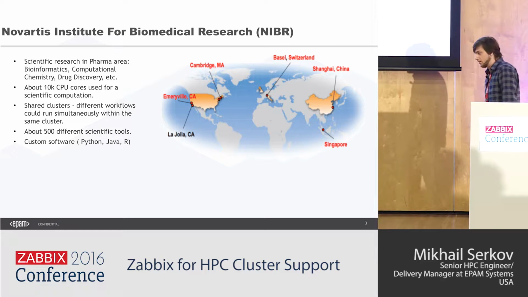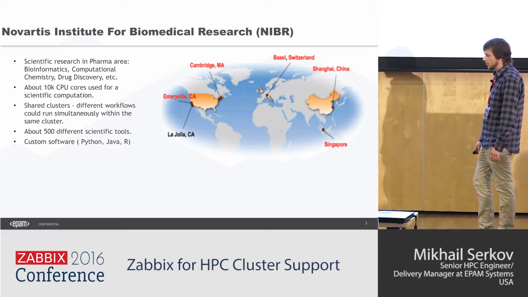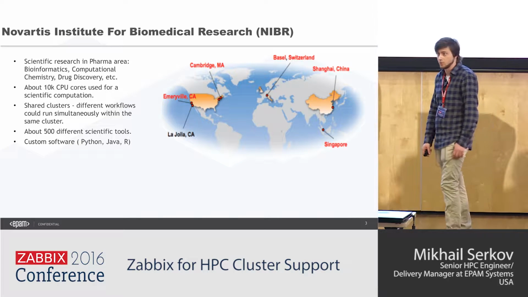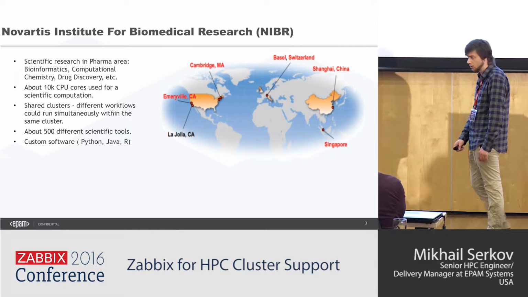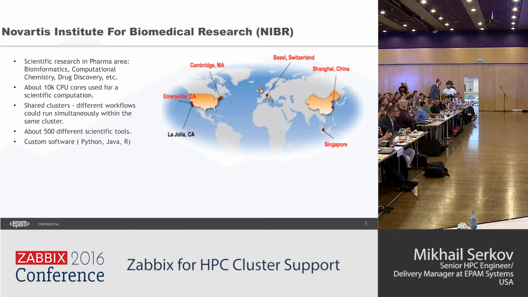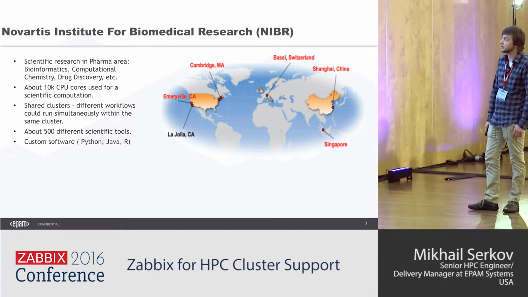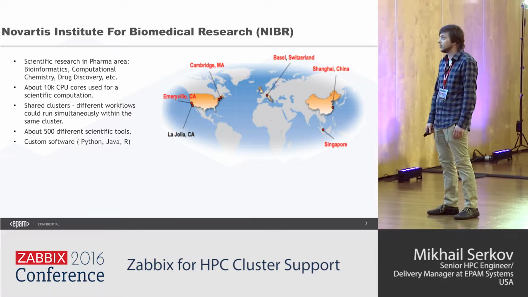It appeared that in all these areas in modern days, scientists need a lot of computation power. So around 10,000 modern CPU cores are in use for scientific computation research. We have offices in different countries, in the United States, Switzerland, China, Singapore.